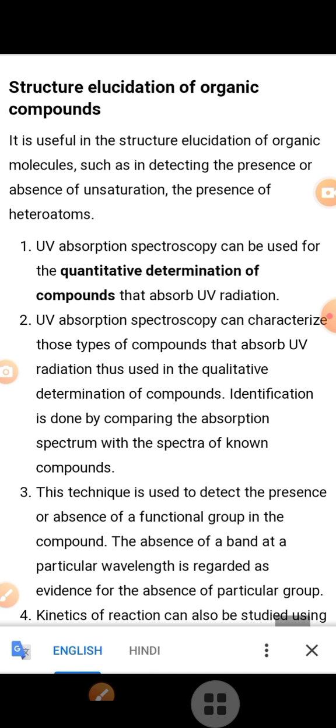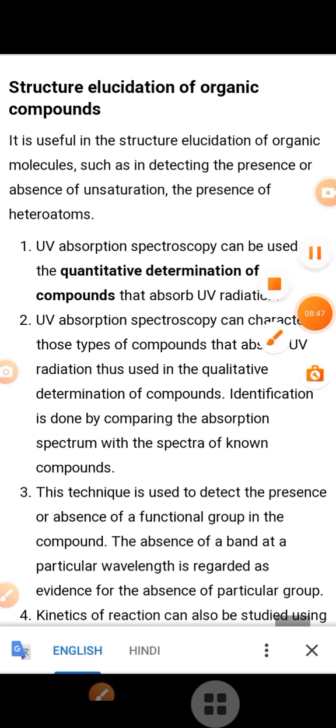Extent of conjugation in polyenes can be estimated. Identification of conjugated and non-conjugated compounds, and identification of an unknown compound by comparing its spectrum with the spectra of known compounds. Examination of polynuclear hydrocarbons, elucidation of the structure of vitamin A and vitamin K, and equatorial and axial conformations can be distinguished. UV spectroscopy has many applications.